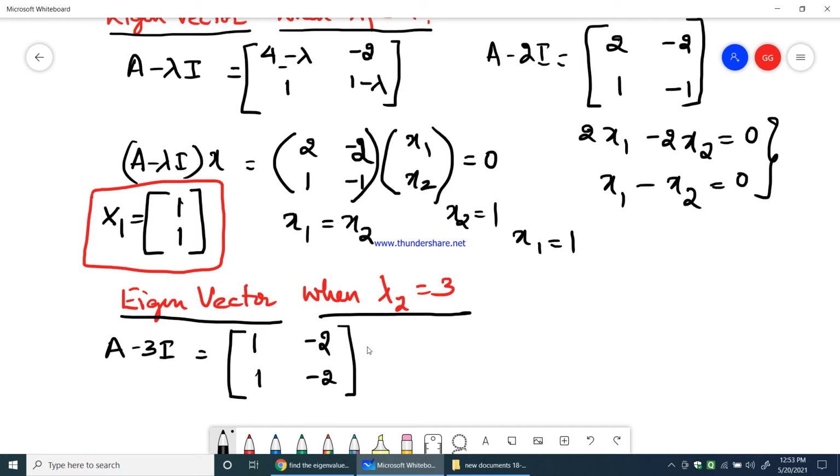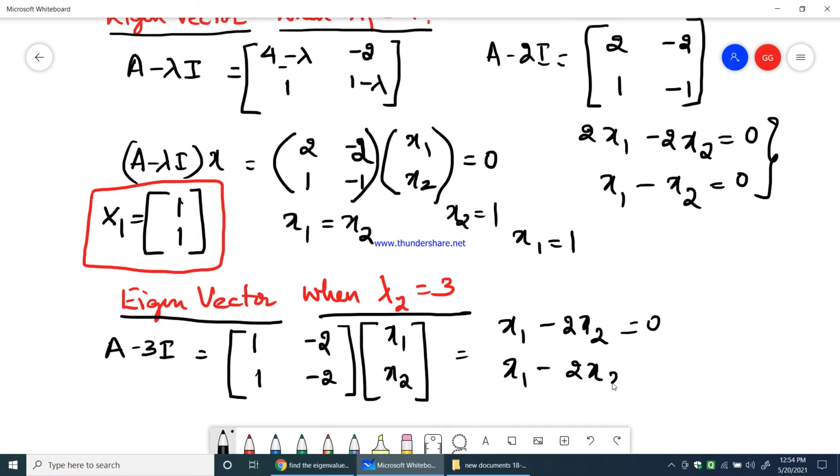Now this will be multiplied with x1 and x2. So what do we get? 1 into x1 minus 2 into x2 equals 0. Therefore, x1 equals 2x2.